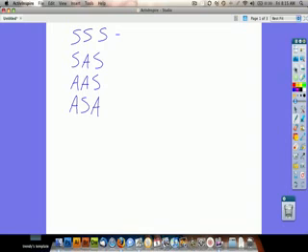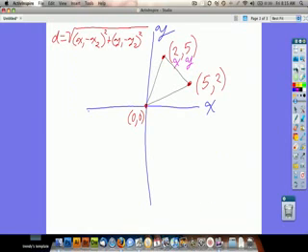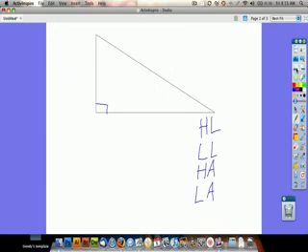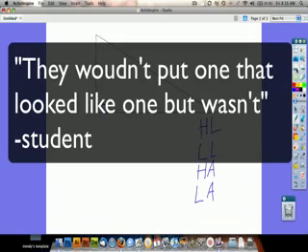Now, how could you find out if it was a 90-degree triangle? How would you know that you have a 90-degree angle? Well, you can see it, but you can't go based just on that.